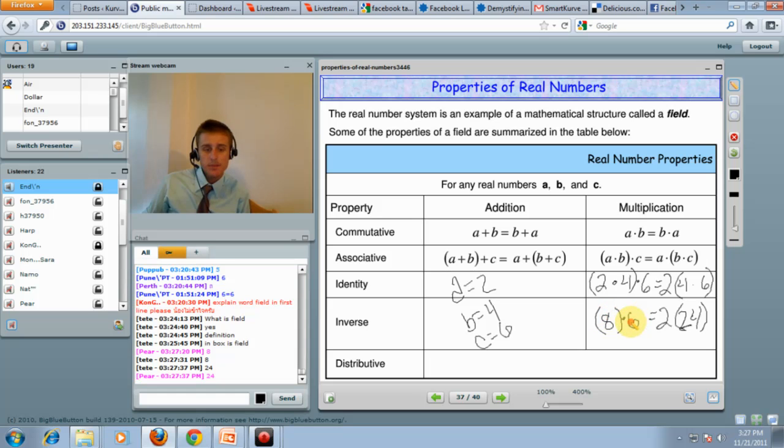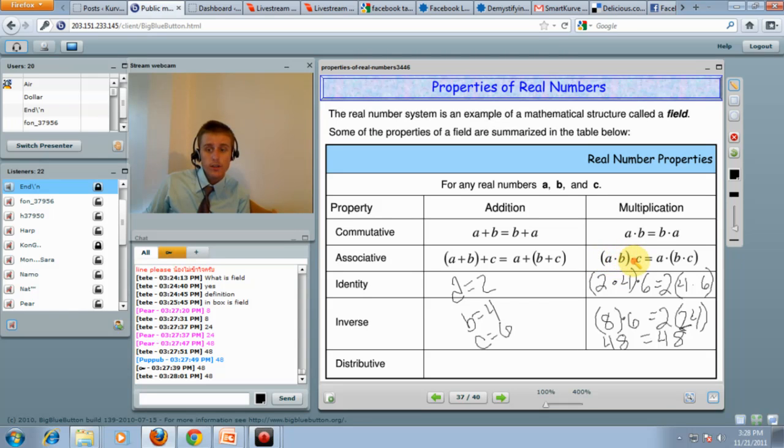Now 8 times 6 is what? Correct. 48. And 2 times 24? Correct. 48. That is what the associative property states.